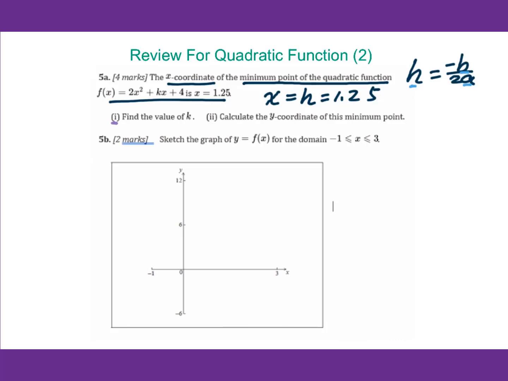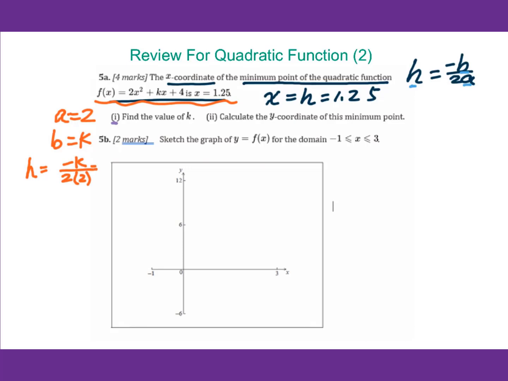The first question, find the value of k. Since this h equals negative b over 2a, for this function, we know a equals 2, b equals k. Therefore, h equals negative b over 2a, that would be negative k over 2 times 2.